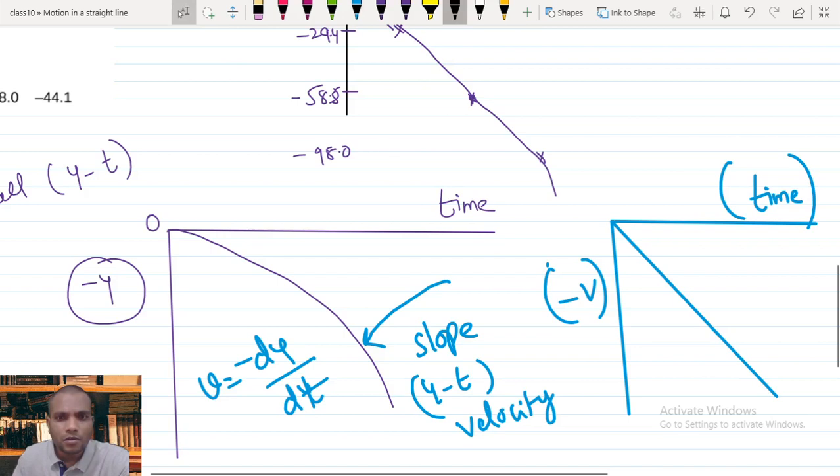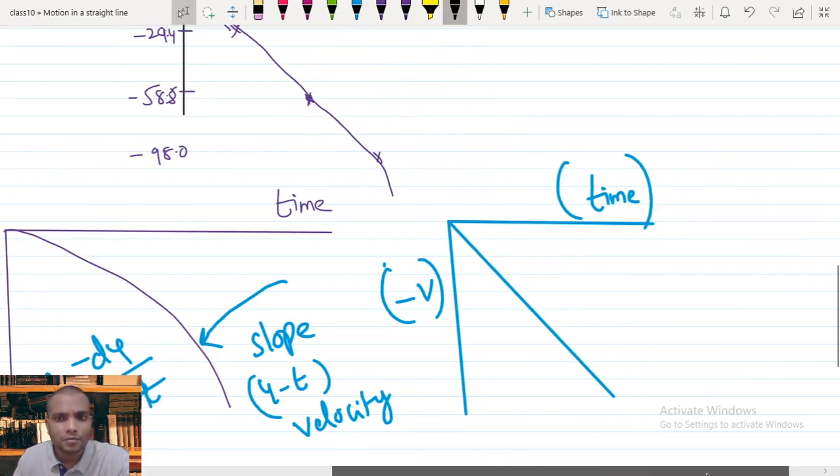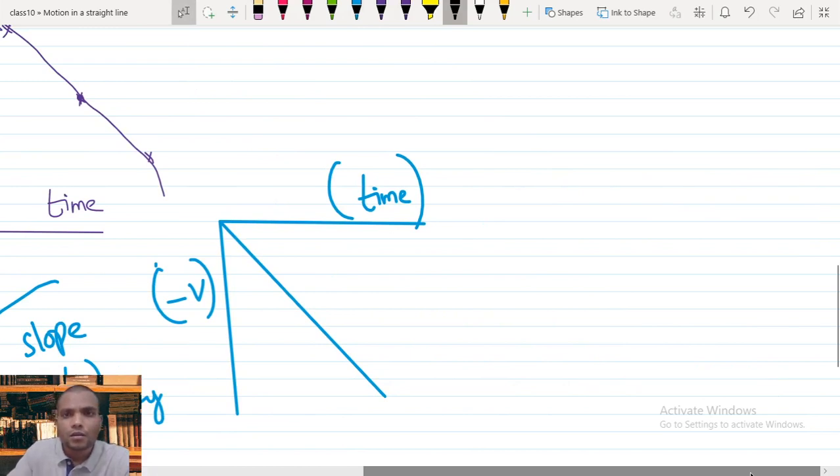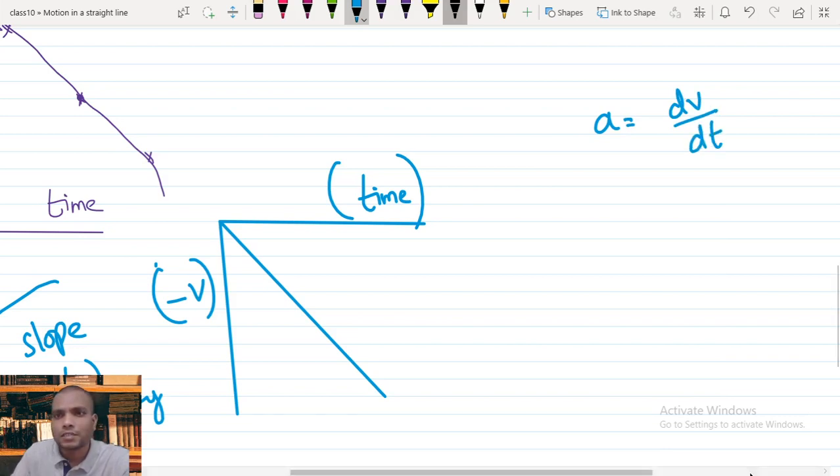Now if this is the velocity versus time graph, what about acceleration? We define acceleration as the rate of change of velocity, dv by dt. Here velocity is negative, so acceleration is also negative.